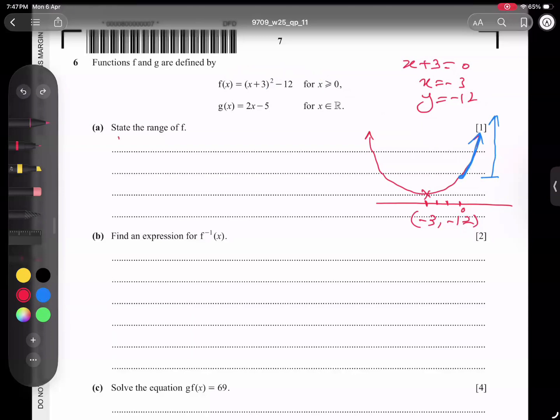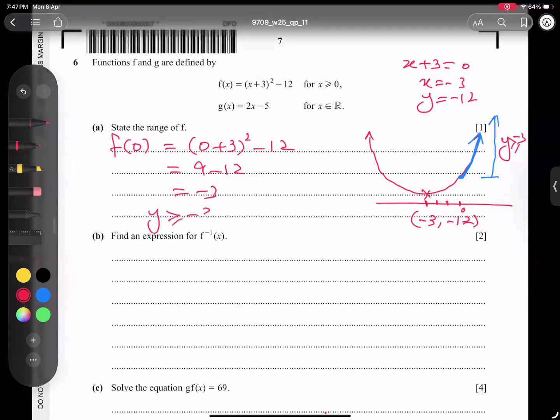When I plug in 0 there, 0 plus 3 whole squared, minus 12. I got 9 minus 12, I got negative 3. So basically, y value is more than or equal to negative 3. So the range turns out to be, you write y is more than or equal to negative 3, or you write f of x is more than or equal to negative 3. Both are correct. So range stands for f of x.